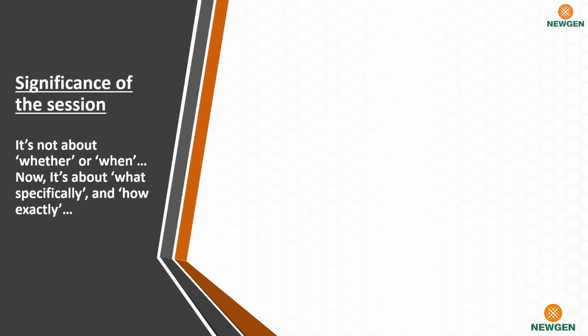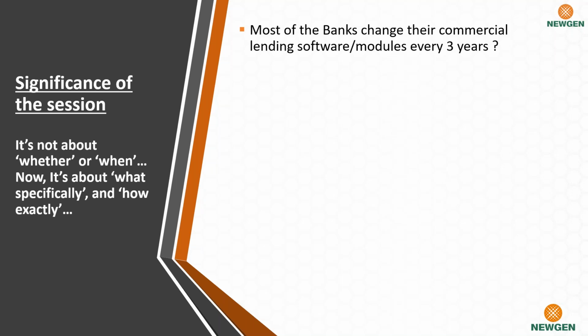A lot of the banks already have automated partially or completely. But it's not a question of whether or when now. It is the question of what specifically you need for commercial lending and how exactly would you achieve in terms of selecting that product. Now, why is today's session important?